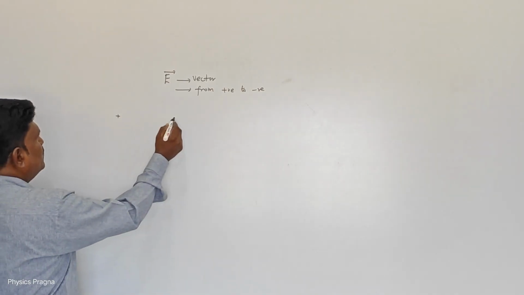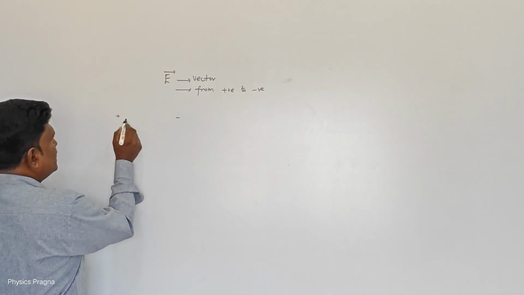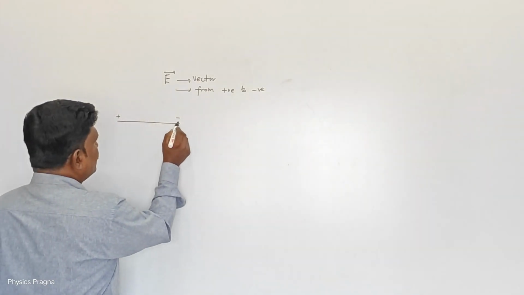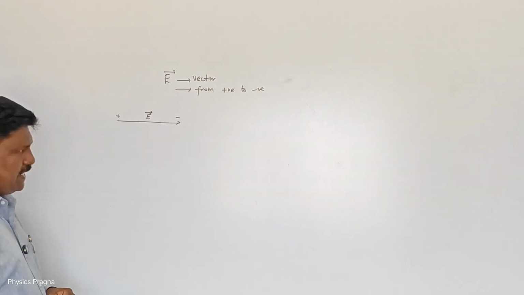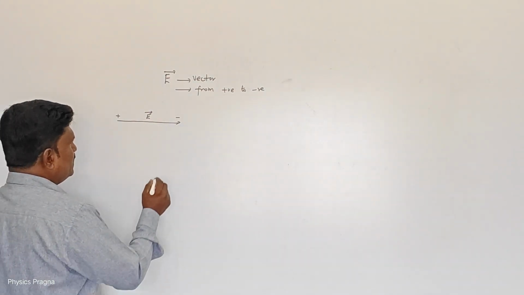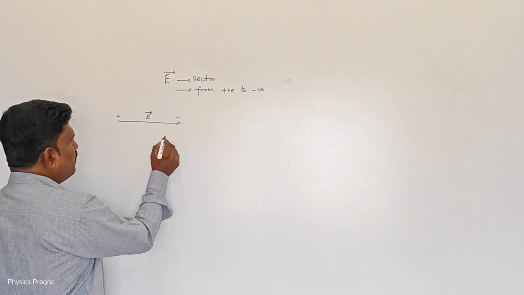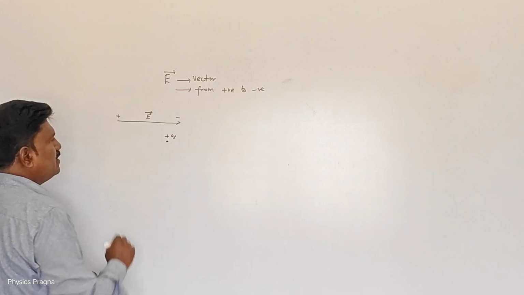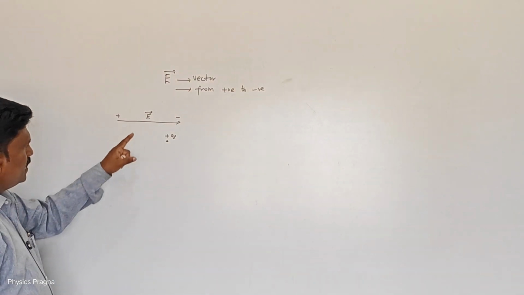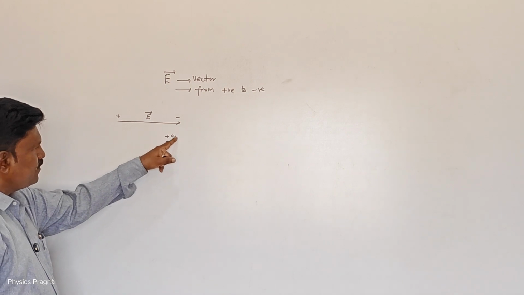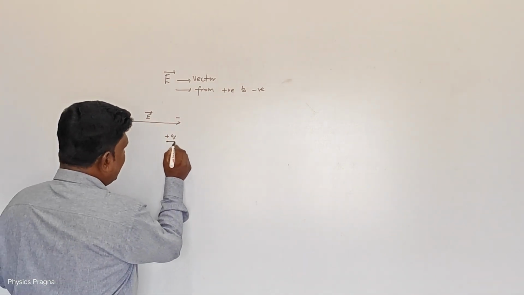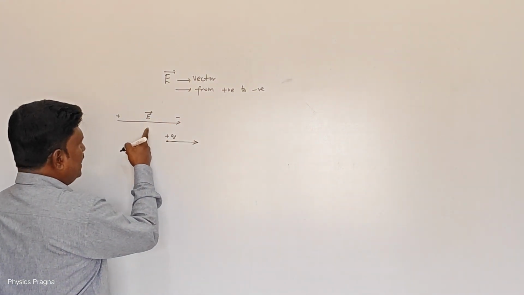If this is positive, this is negative, this is the direction of electric field, plus to minus. In this field, if I place a plus Q charge, the electric field applies the force on the static positive charge in the direction of electric field.